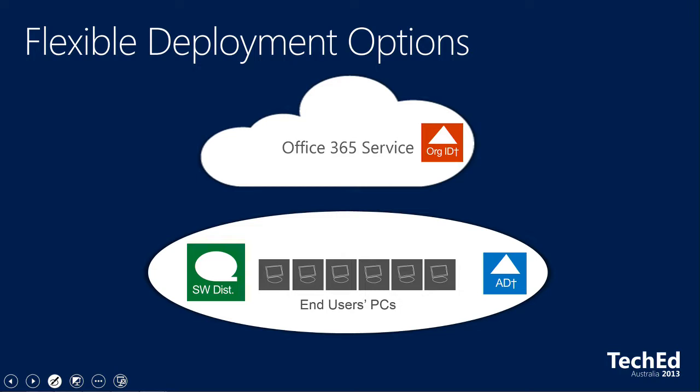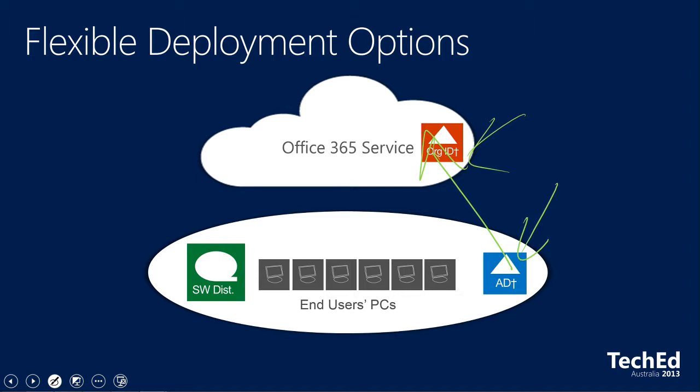So instead of the identity taking place inside the Office 365 service, the identity takes place with the organization's Active Directory, and then it's sent back to the Office 365 service already authenticated and ready to access those services.